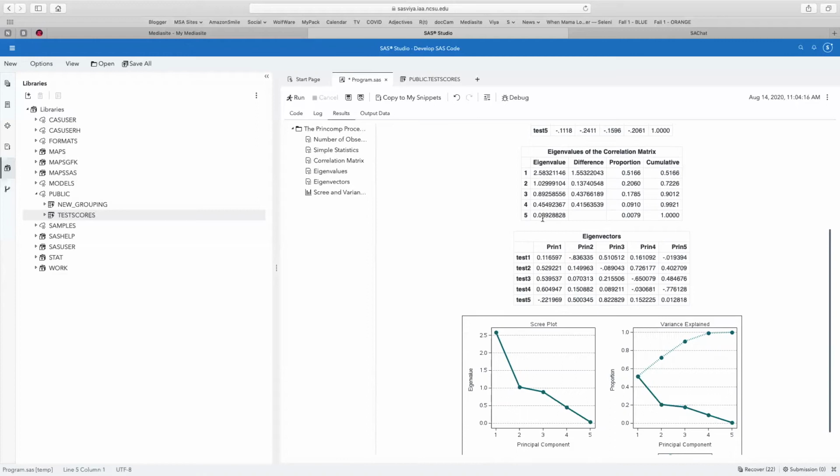So this first column here, 2.58, that would be this first value on the scree plot. And this is supposed to help us choose a number of components for dimension reduction. Again, we're going to take this with a grain of salt. We only have 5 variables. The goal here may not necessarily be dimension reduction, but just to get a view of the data in 2 dimensions.